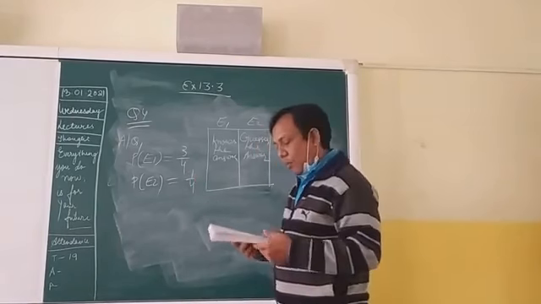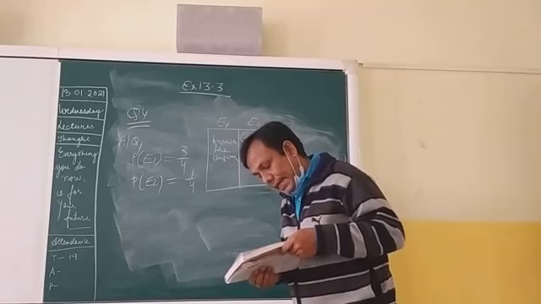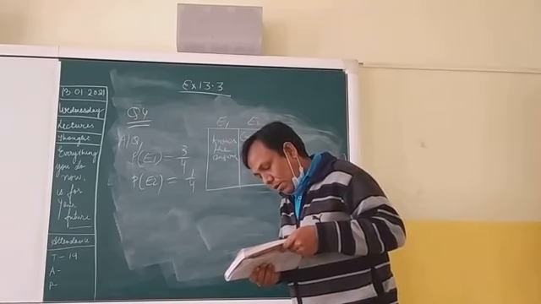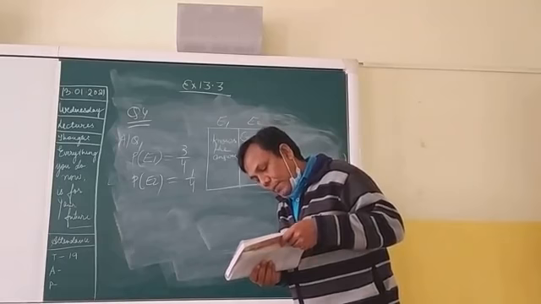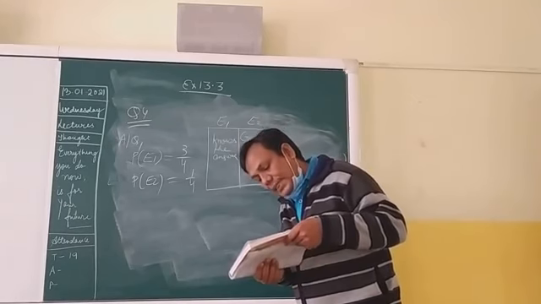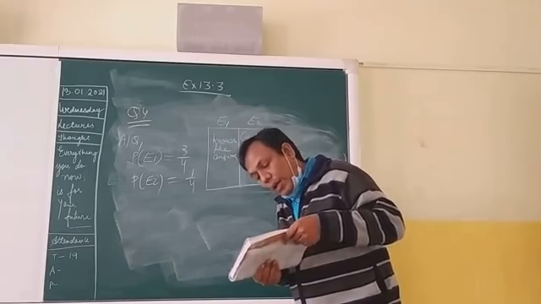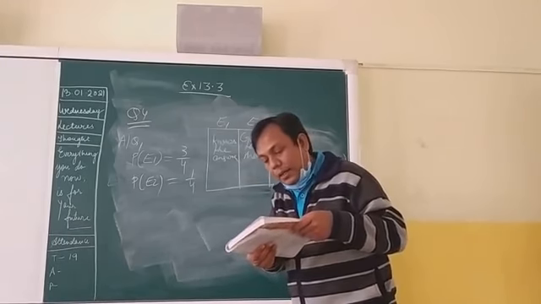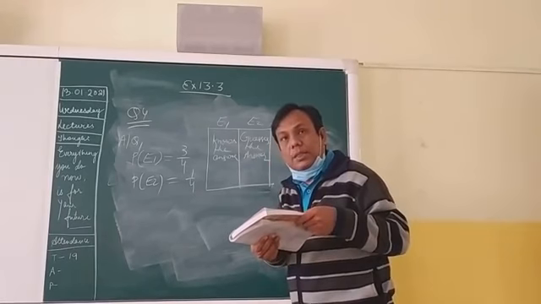Got it? Now furthermore, in the question it is written that assuming a student who guesses at the answer will be correct with probability 1 by 4. See what is given?